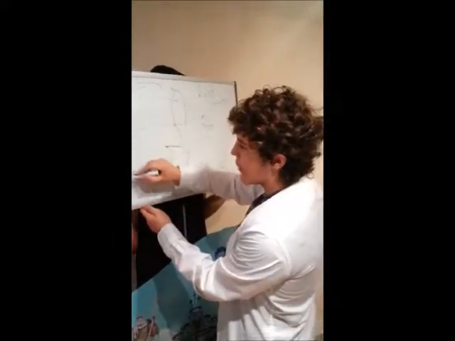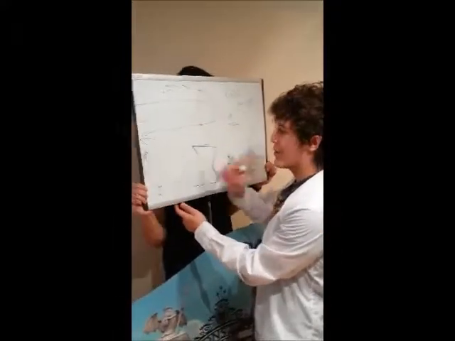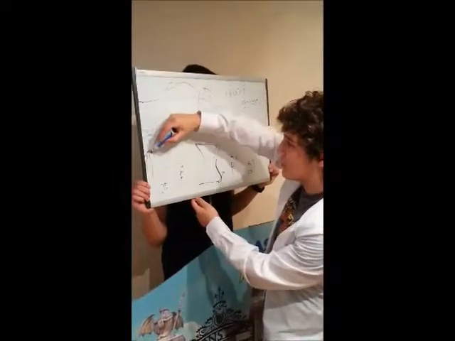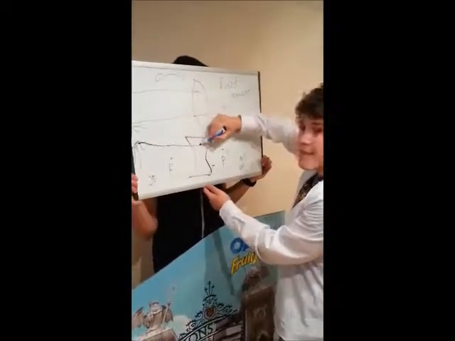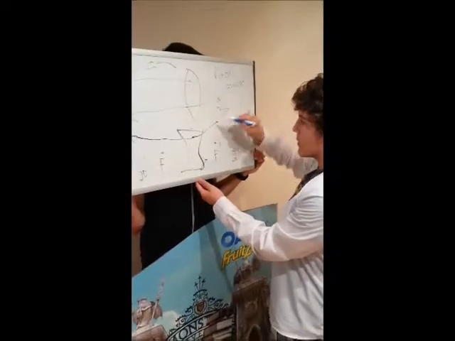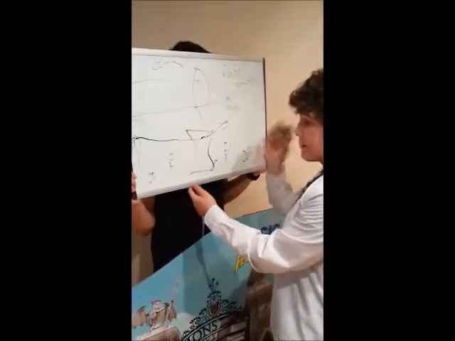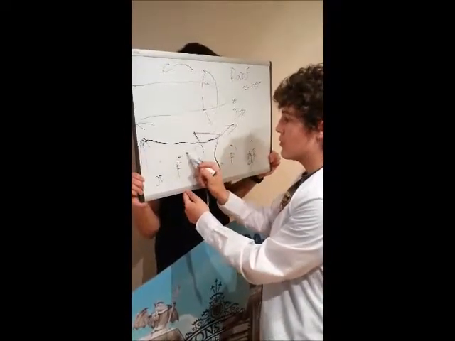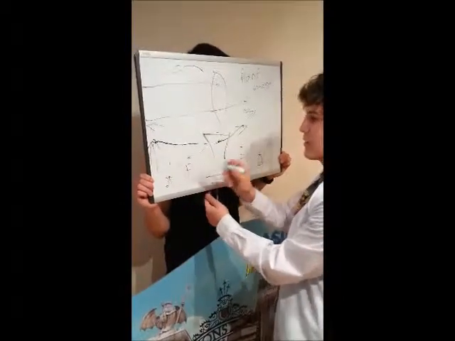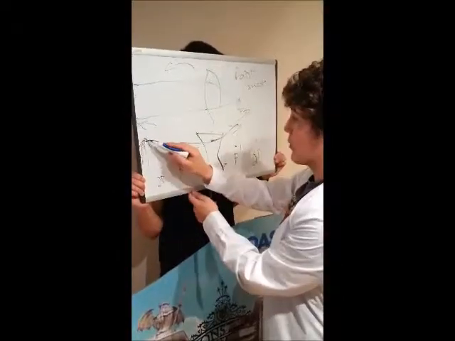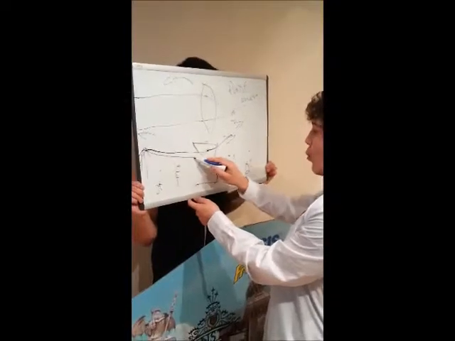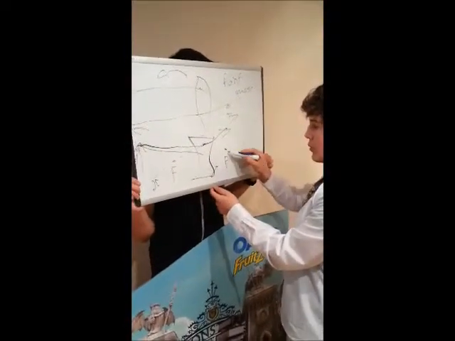Okay, so let's say now we have our image beyond 2F, okay? So the first principal ray, what it's going to do, it's going to hit the middle here and go right up here, right out of this part, okay? But it's going to trace backwards to the focal point, okay? So there, it hit the focal point. Now, the second principal ray, what it's going to do, it's going to start going towards the focal point, which is here, okay?